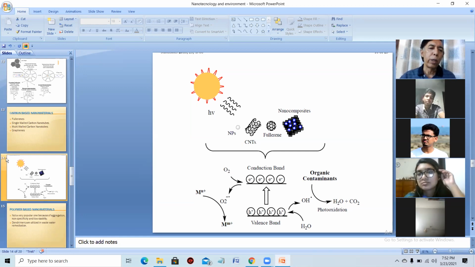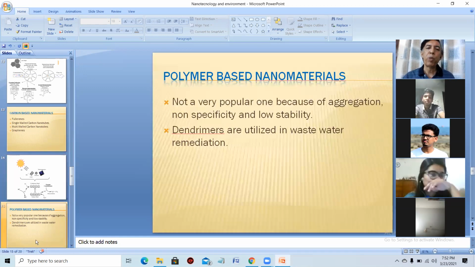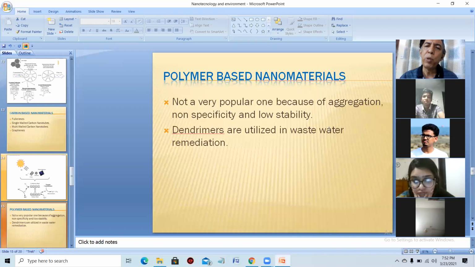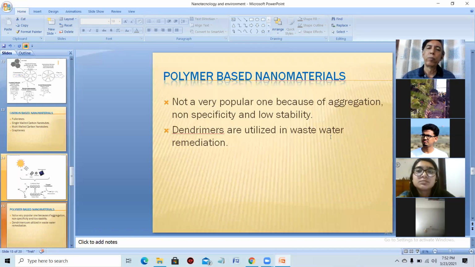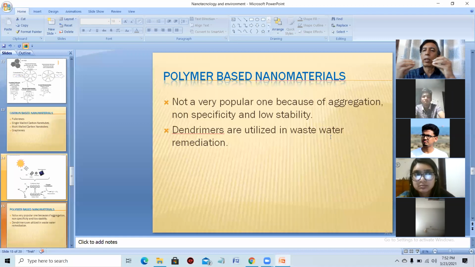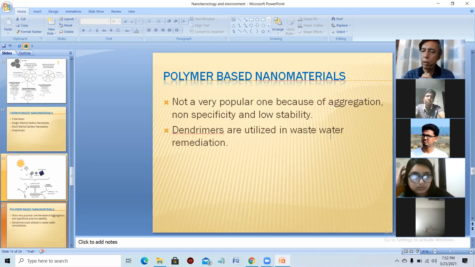And the last one is polymer-based nanomaterials. It is not a very popular one, because polymers aggregate. Aggregated means it does not remain a nanomaterial. It becomes a macromolecule. Only dendrimers.